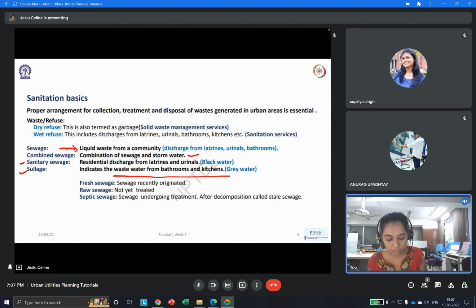Sanitary sewage mainly considers only latrines and urinals. From bathrooms and kitchens, we call it sullage. So we have already learned this, and this question was based on it. Any doubts on this particular question? Anybody? No. Okay, we can proceed further.